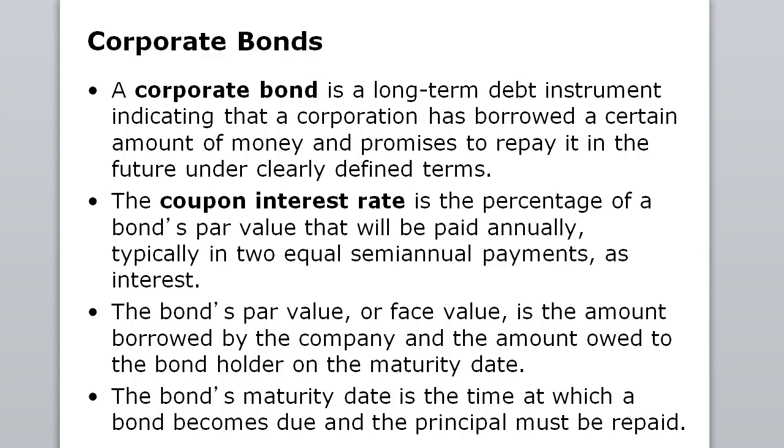So now if we talk more specifically about corporate bonds, here we're talking about, again, a long-term debt instrument that a corporation uses to borrow money and it promises to repay to investors at a later date. The coupon interest rate is a percentage of the bond's par value that will be paid annually in 2 semi-annual payments as interest.